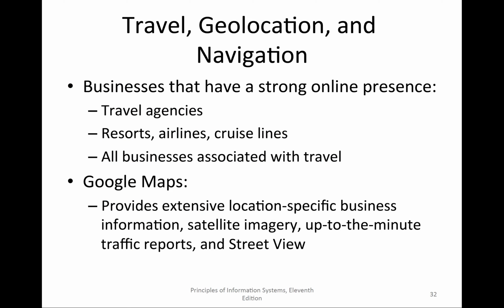Travel, geolocation, and navigation. Businesses that have a strong online presence: travel agencies, resorts, airlines, cruise lines, all businesses associated with travel. Google Maps provides extensive location-specific business information, satellite imagery, up-to-the-minute traffic reports, and street view. If you haven't tried it yet, you can log into Google Maps and search your street.